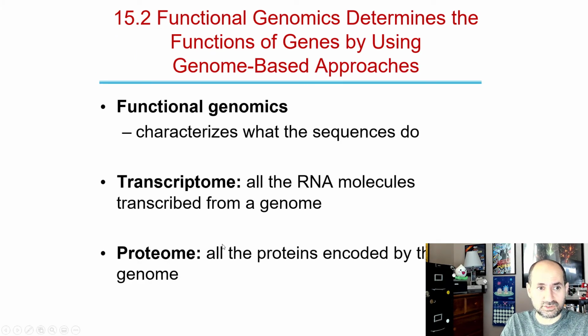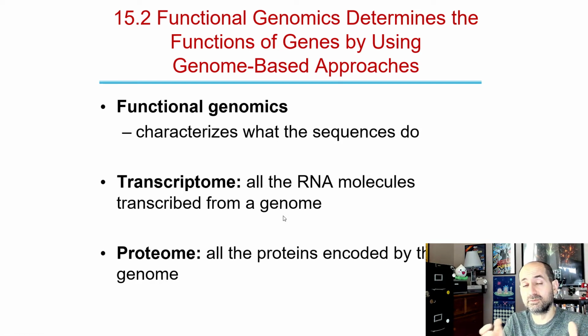What else? Functional genomics. What about people who study functional genomics? They characterize what sequences do, right? So what do different sequences do in the genome? Okay. The transcriptome. People study the transcriptome. That's all the RNA molecules in the genome. The transcriptome means all of the mRNA in a cell, which should be reflective of all the gene expression that's going on in a cell.